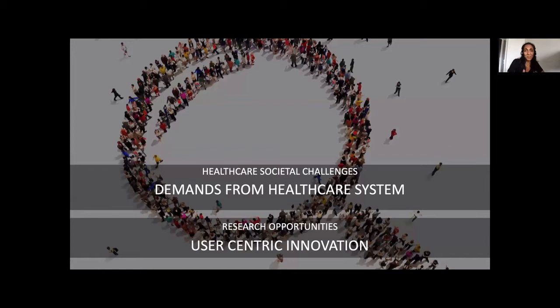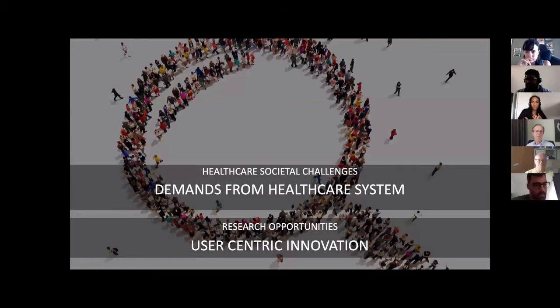the systems are experiencing large demands of patients and people that need a healthcare system, yet there are not enough resources for this. So there is also a need to shift the responsibilities a bit and get people to have more ownership of their own conditions. So this type of research helps with this.